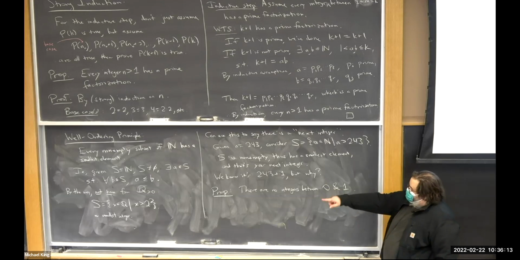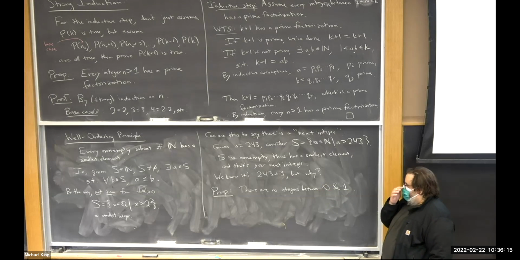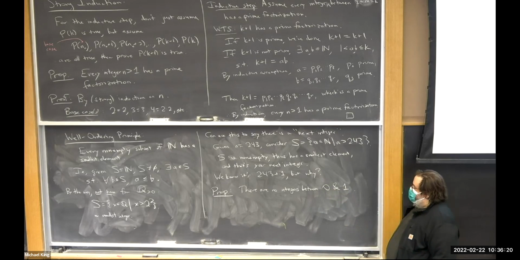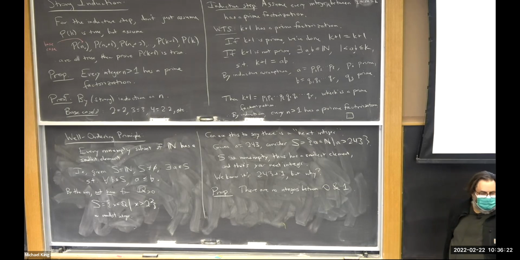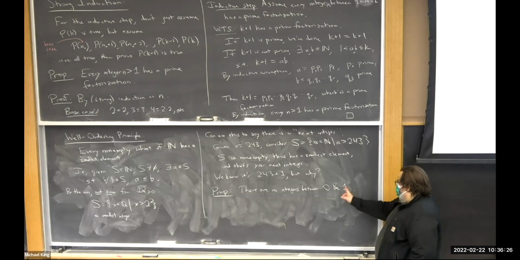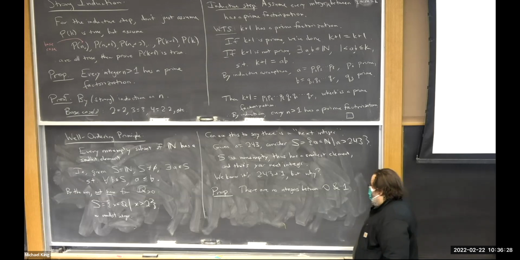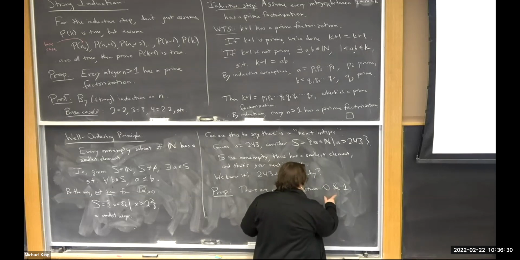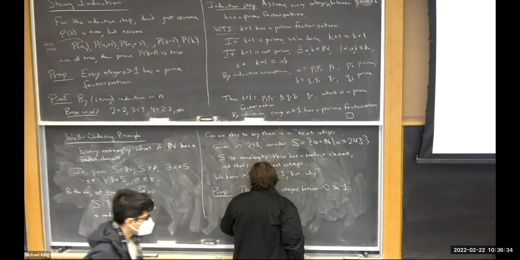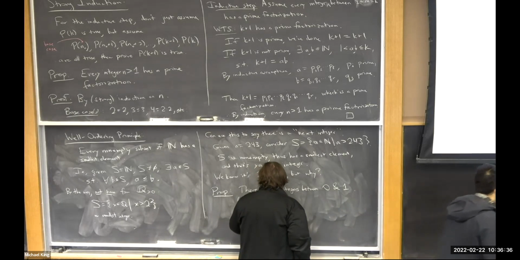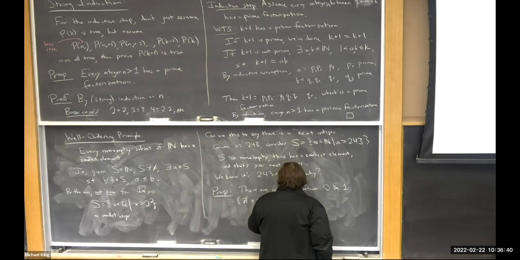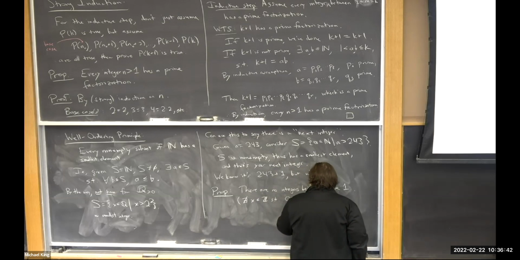So if we're going to justify this, it's probably going to come down to the well-ordering principle, because the well-ordering principle is the only thing that's different between the rationals and the integers. We also have proved that 1 is greater than 0. So between 0 and 1 means greater than 0 and less than 1. There does not exist an x in Z such that 0 is less than x is less than 1.